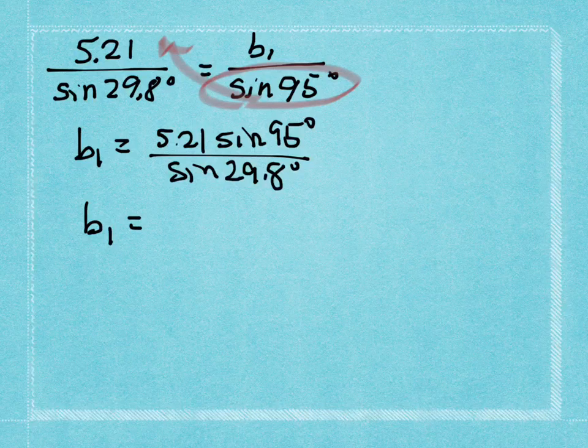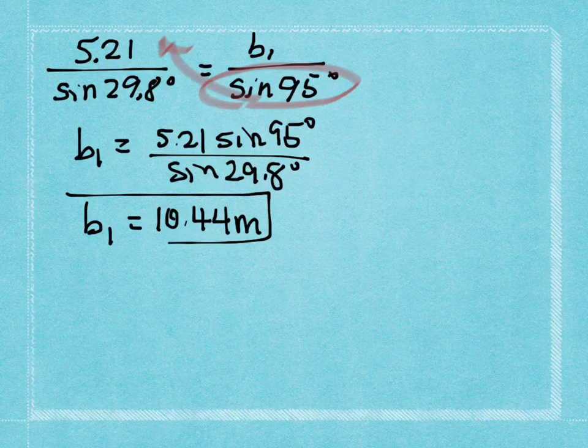What's B1? With 2 decimals. Say it louder for me, Michael. 10.44. Do I have a nod from someone else? Yes, excellent. Units? Meters. Meters, because there are units in all these problems.